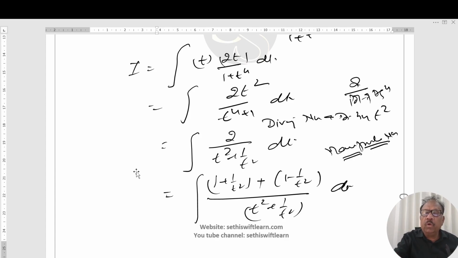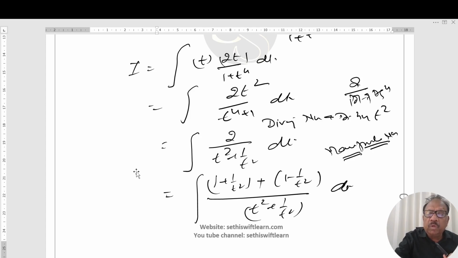Now we have to manipulate the numerator in such a way that we get the constant term. If t square is there, then 1 by t square will be there, 2 by t square will be there. If 2 was not there, we would multiply and divide by 2. Now with t square plus 1 over t square, we have to make the perfect square here.